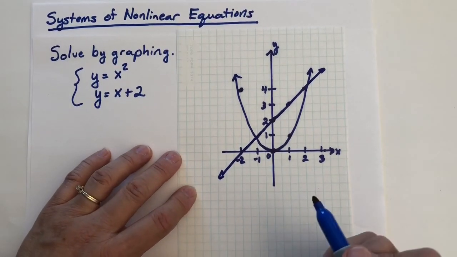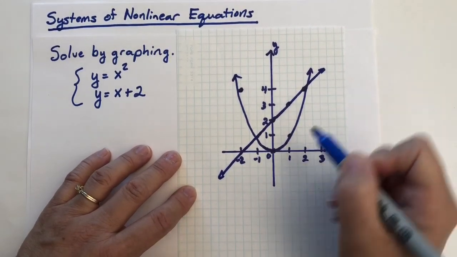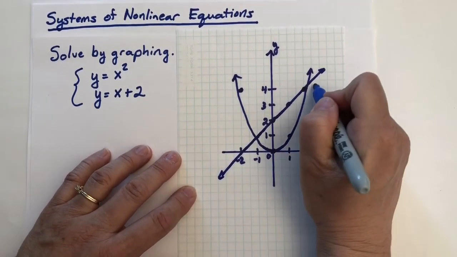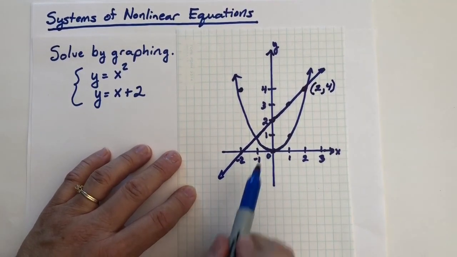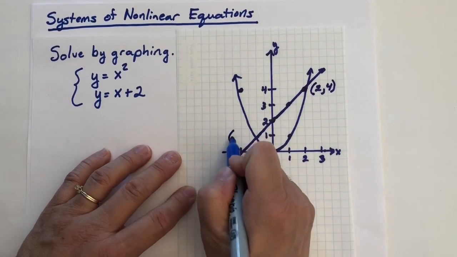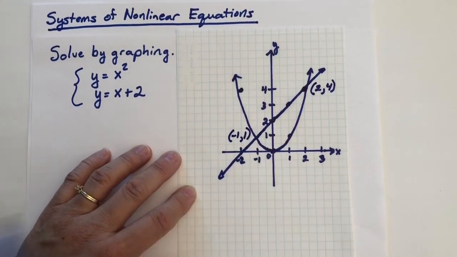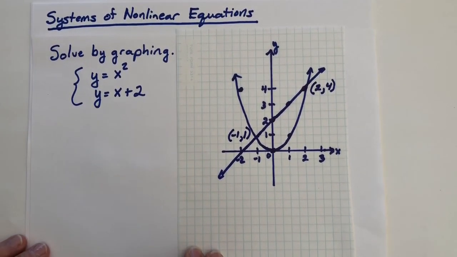Now when we look at the solutions right here, the point where they intersect is at this point (2, 4). And we have another solution right here at (-1, 1). So as is sometimes the case with a nonlinear system, you'll have more than one solution, right?